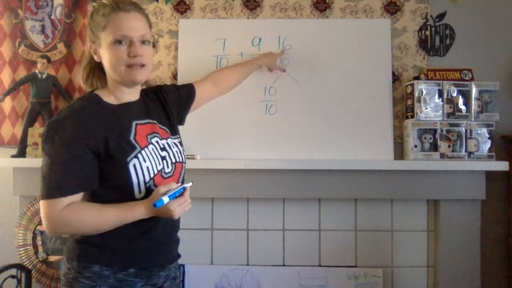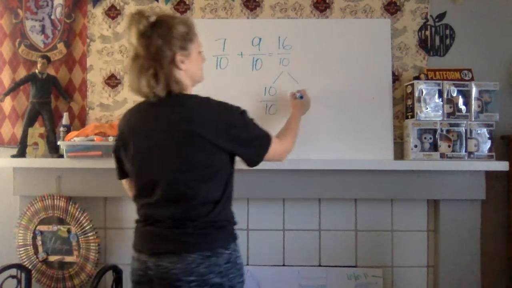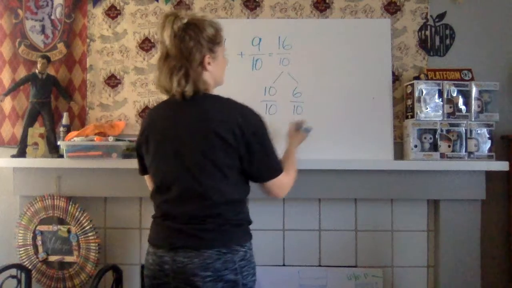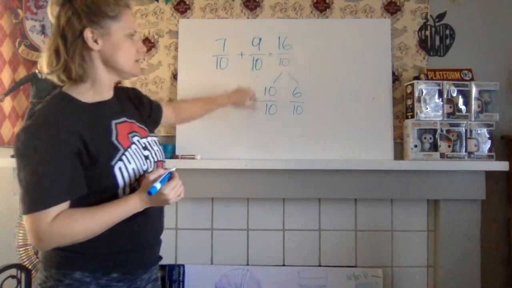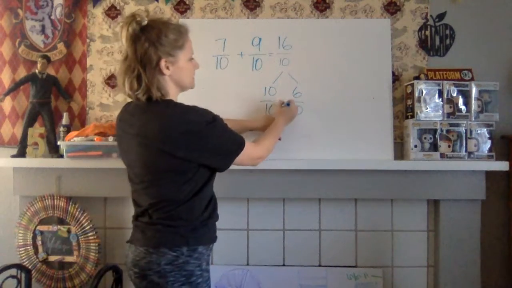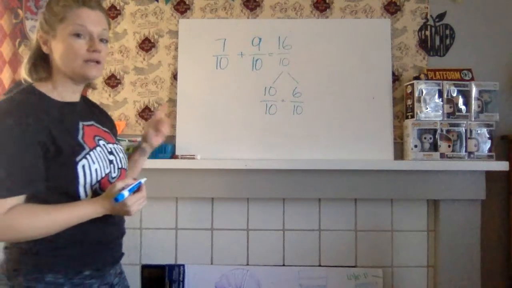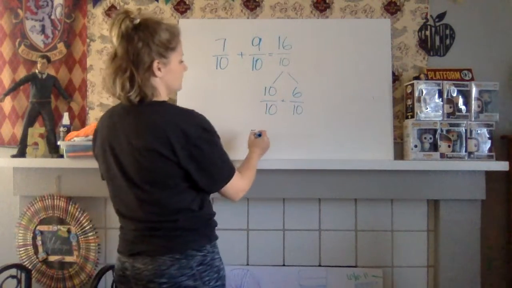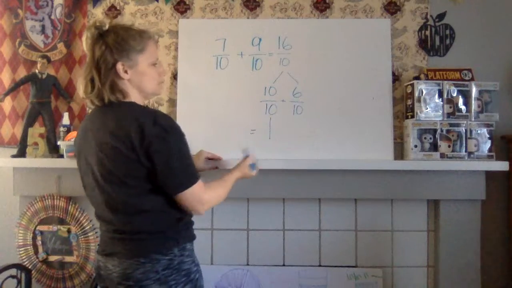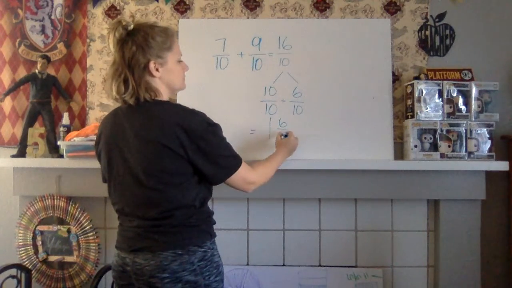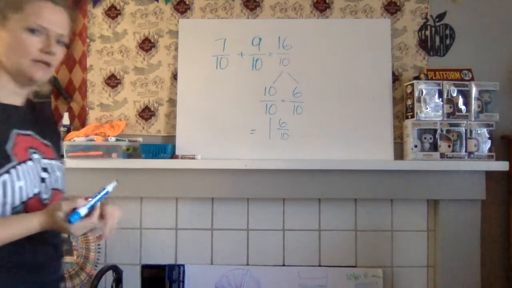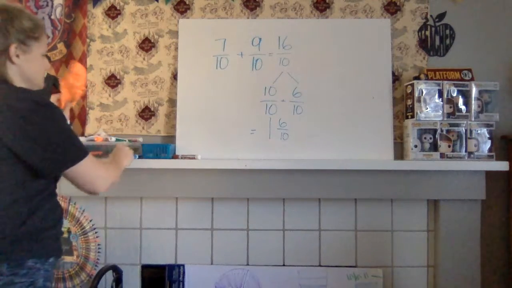How many tenths do I have left? I have 6 tenths left over. So 16 tenths decomposes to 10 tenths plus 6 tenths. We know that 10 tenths is equal to 1 whole, and then we write our remainder, 6 tenths.